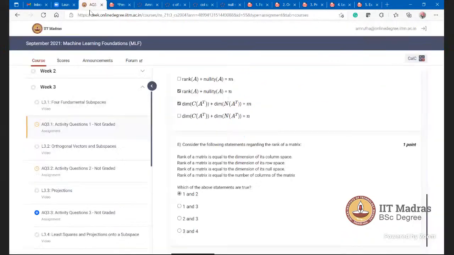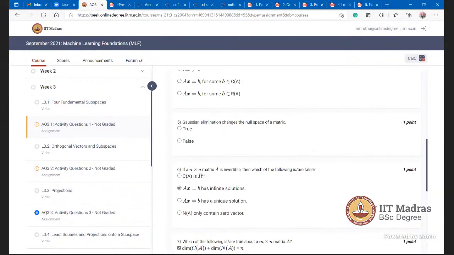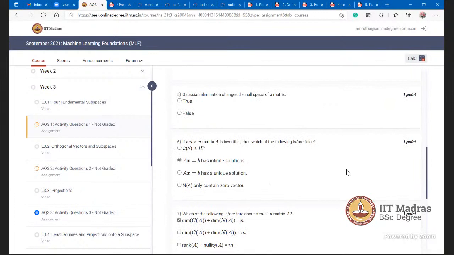I have a question regarding this question number 6. The thing is, I know what it is when we say that A is invertible. If you multiply the matrix A with its inverse, you get an identity matrix, and we say that A is an invertible matrix.